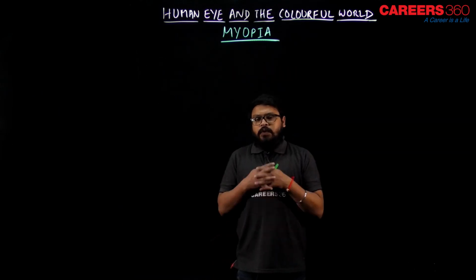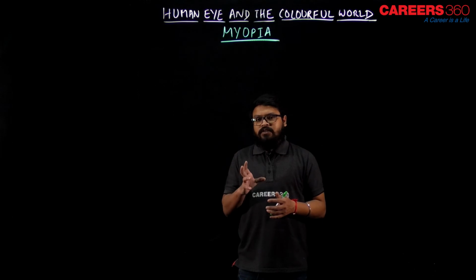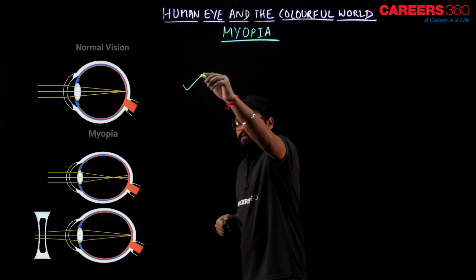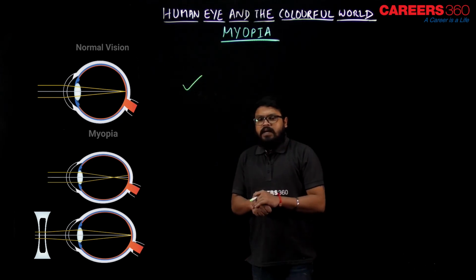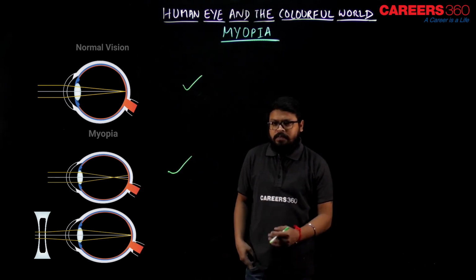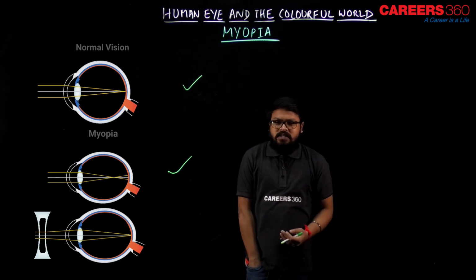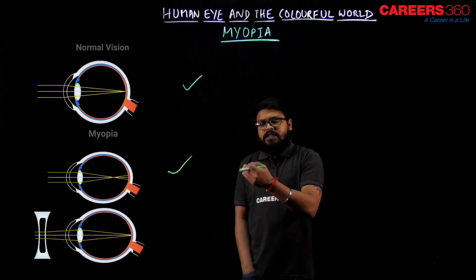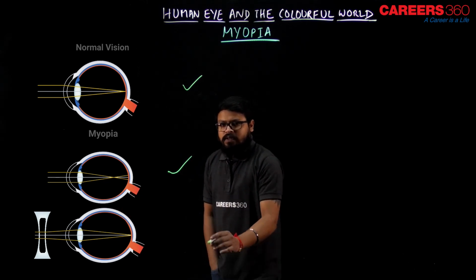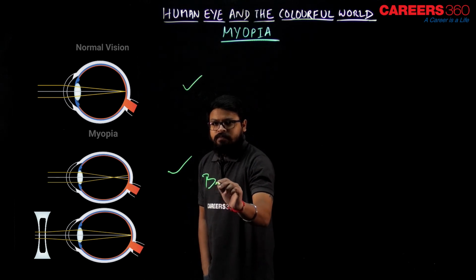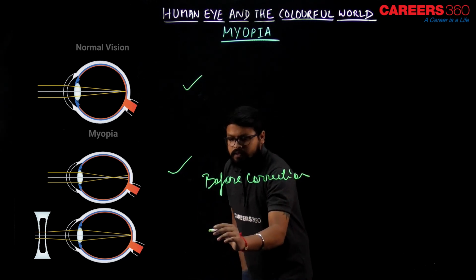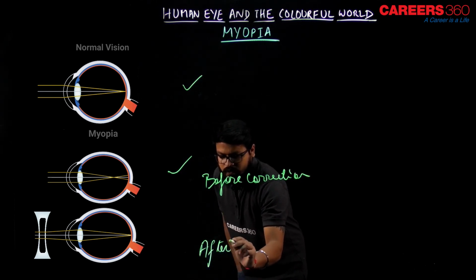Let's see the picture again where you can differentiate between normal vision, the defect of vision myopia, and after the correction. This is the picture for normal vision where there is no defect, and the image is formed at the retina wall. In the second case, this is myopia vision, which means the image for the farther distance object is formed before the retina wall, so it seems blurry. Now how do we correct that? We use the concave lens over here. So this is before correction, and this is after correction.